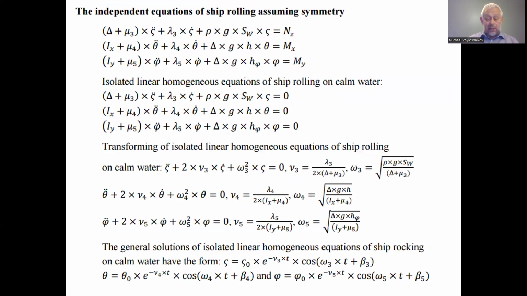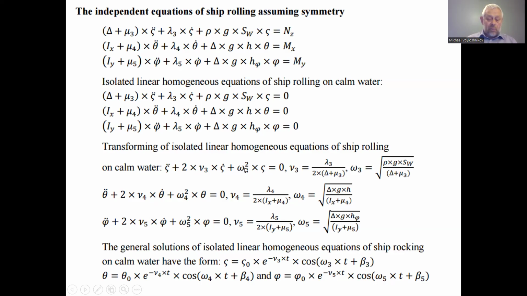And to find the natural velocities after all these assumptions, we have three homogeneous second order linear differential equations with the factors nu 3, nu 4, nu 5, the same system of indexes. Here nu means the ship rocking decrement due to the damping of the ship rocking.